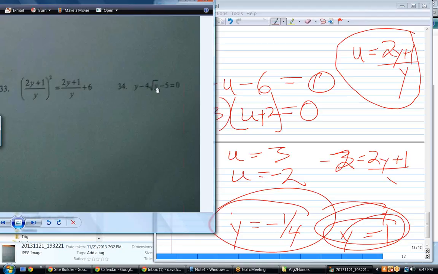So if I let u equal square root of y, then I got u squared minus 4u minus 5. And I can factor it easily and solve it. Yeah, that factors easily. I was thinking that was the one that required that real exotic solution.